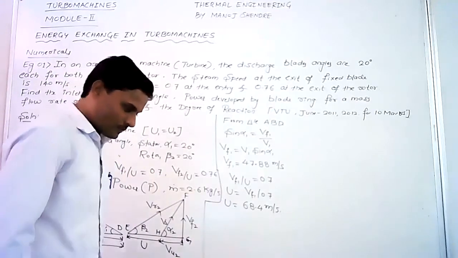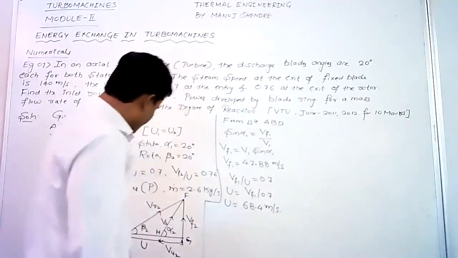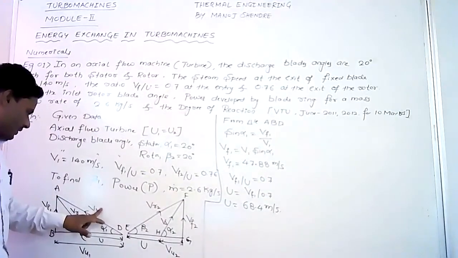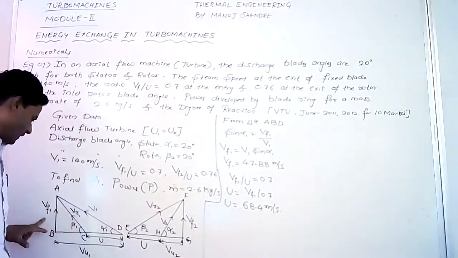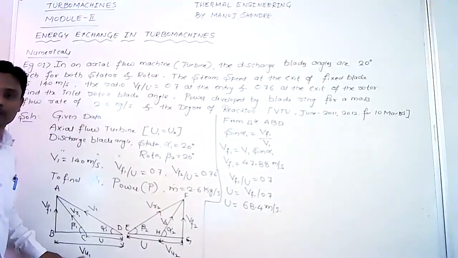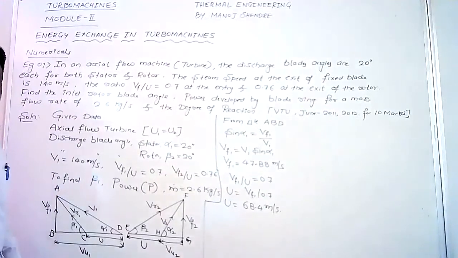Now, similarly, once you get the value of V1 and Vf1, you are supposed to get the value of VU1. You can use sine, cos or tan.